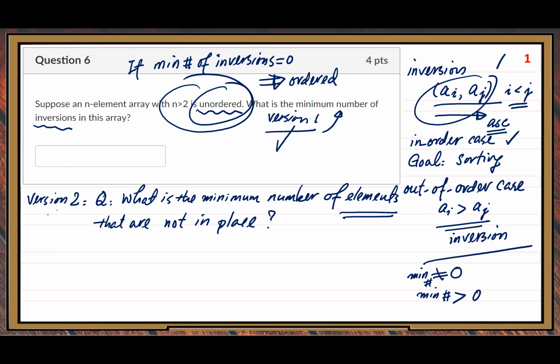Do not answer version 2 questions, because it's very likely some of you may answer the version 2 question, not version 1. Even I myself got confused. I made this question, but sometimes I use version 1, sometimes version 2.